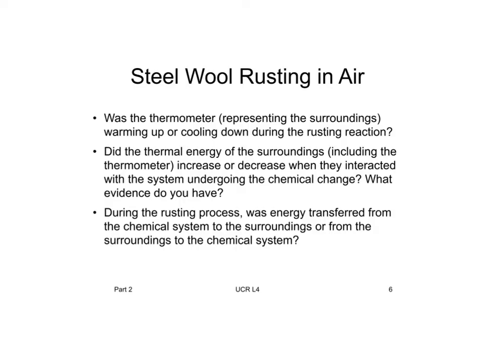What evidence do you have for whether the thermal energy of the surroundings increased or decreased? How can you support that? And then last, during the rusting process, was energy transferred from the chemical system to the surroundings or from the surroundings to the chemical system?